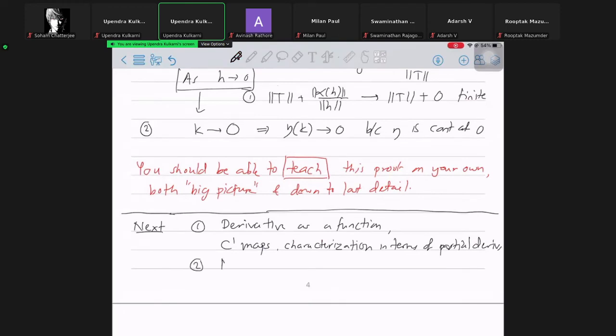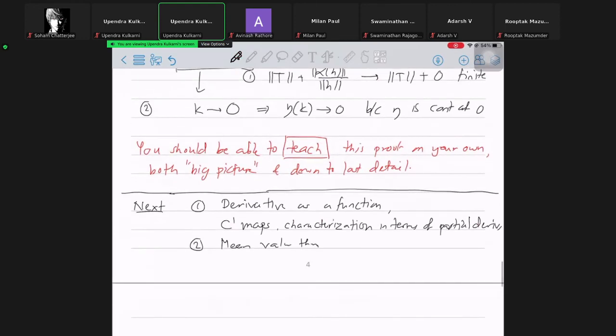So mean value theorem. And well, next the inverse function theorem, and its cousin, the implicit function theorem. So this is where we are headed in the course of the next several lectures.